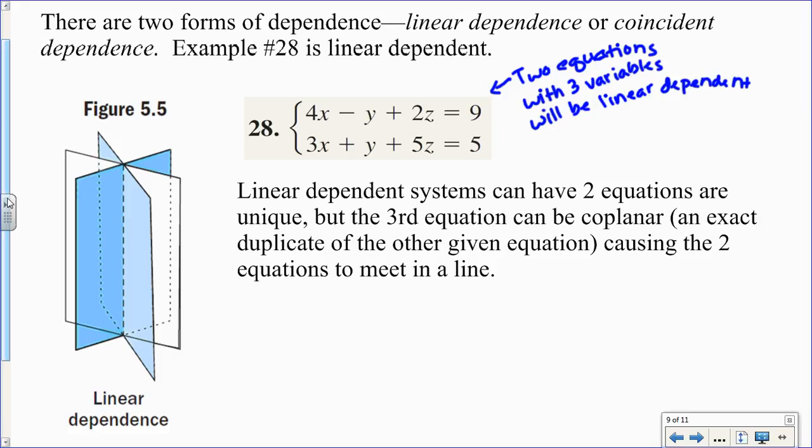So when I see this, the only thing I can do is try to eliminate one variable. What looks like the easy one to eliminate? Yeah, so in this case, we're going to eliminate y.